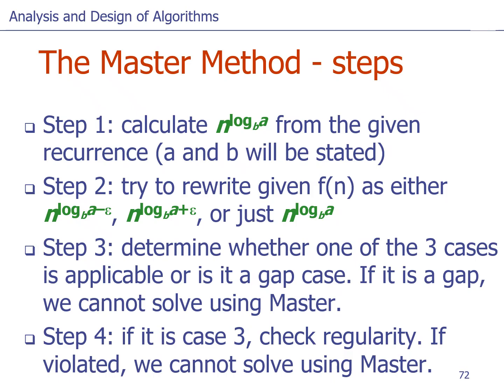Once you have plugged in the power of log a base b, you will try to rewrite the given f of n as either n to the power of log a base b minus epsilon or plus epsilon, or just as is. And from that you will determine which case you're looking at, if it's case 1, case 2, or case 3. Now if it's case 3, you check again for the regularity condition, because the master theorem will not be able to help you if the regularity condition is violated.